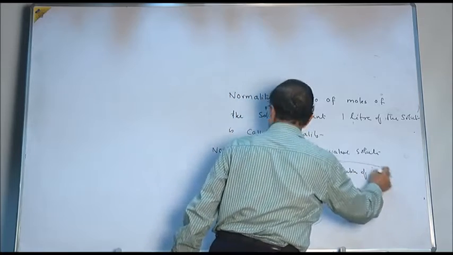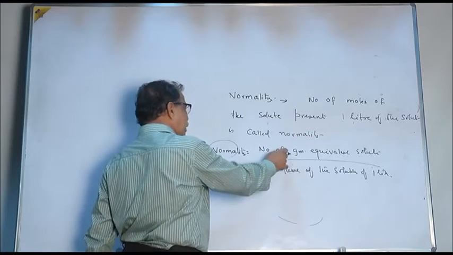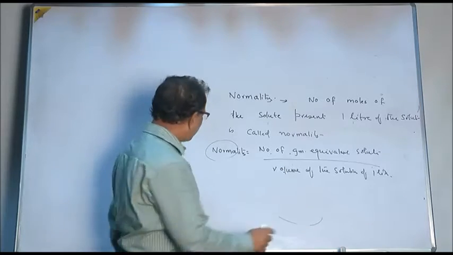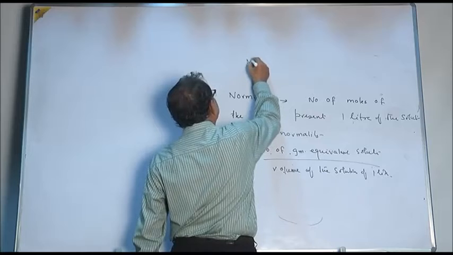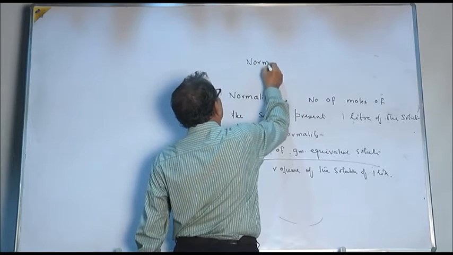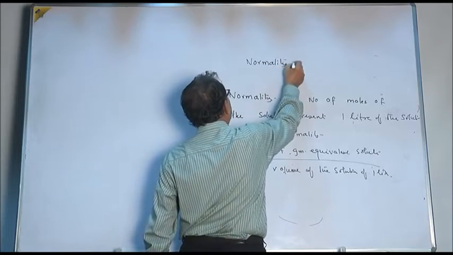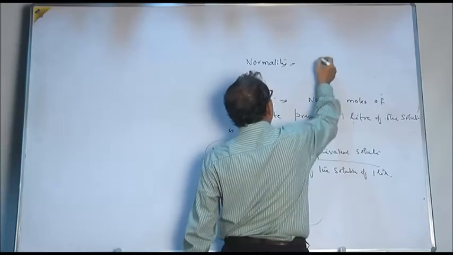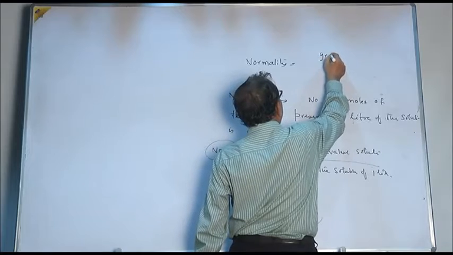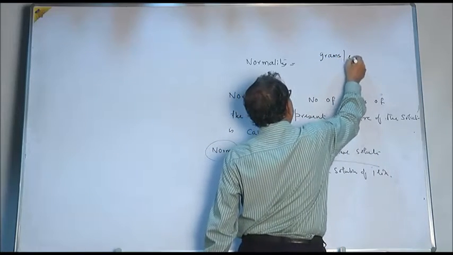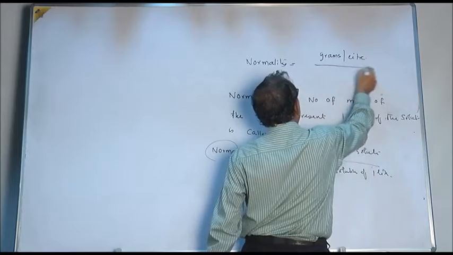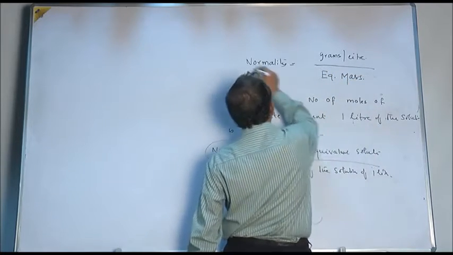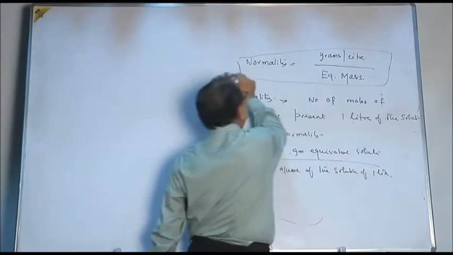So the normality is the number of gram equivalents per liter. How can we find out the normality? By an easy method: normality is grams per liter divided by equivalent mass. By taking this, we can easily calculate the normality.